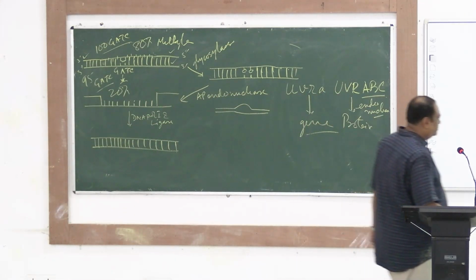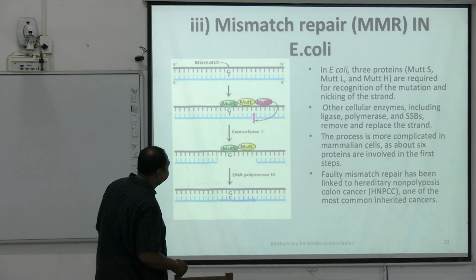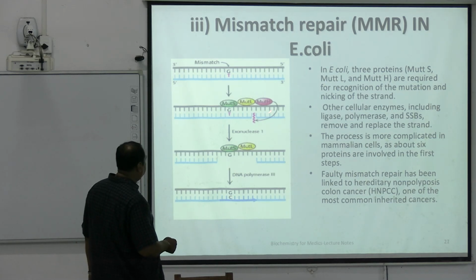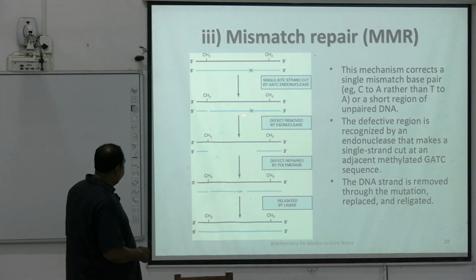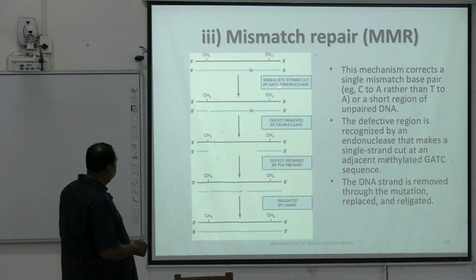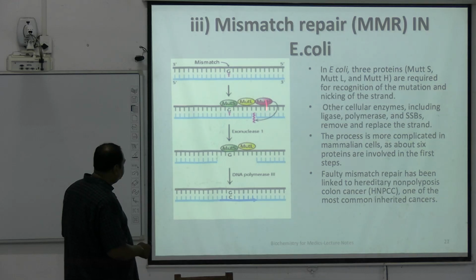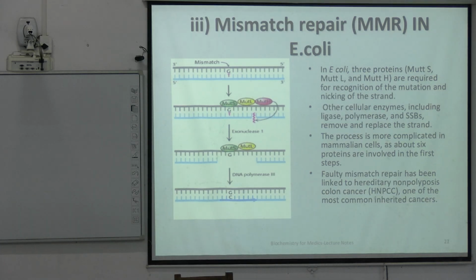Right? This one. Now, here, write these 3 enzymes. In this region, here, this region, defect removed by exonuclease, this region, you write these 3 enzymes, MUT-L, MUT-H, MUT-S, M-U-T, MUT.